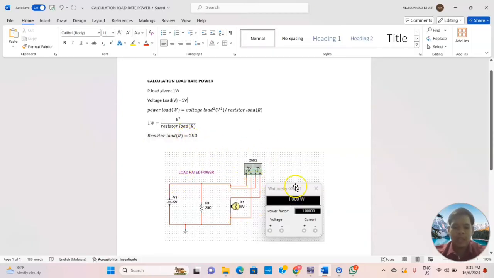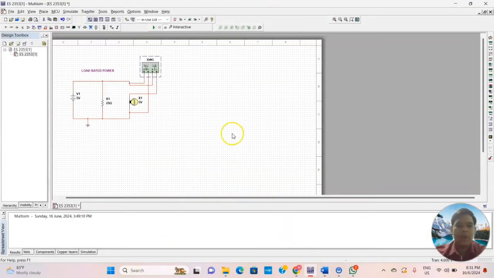So this is my figure for the circuit in Multisim. Let's go to Multisim. This is my part. We have a wattmeter and a 25 resistor. I get this value of 25 from my calculation.